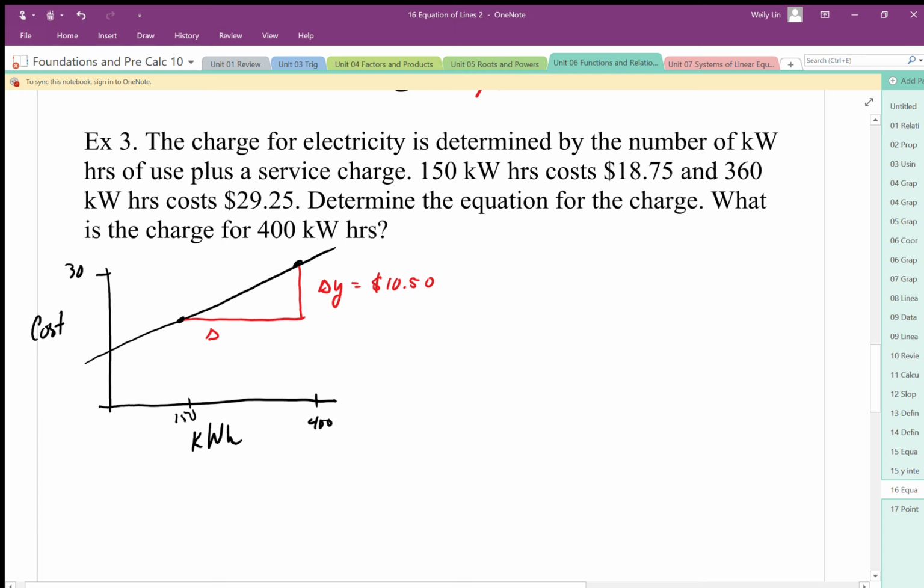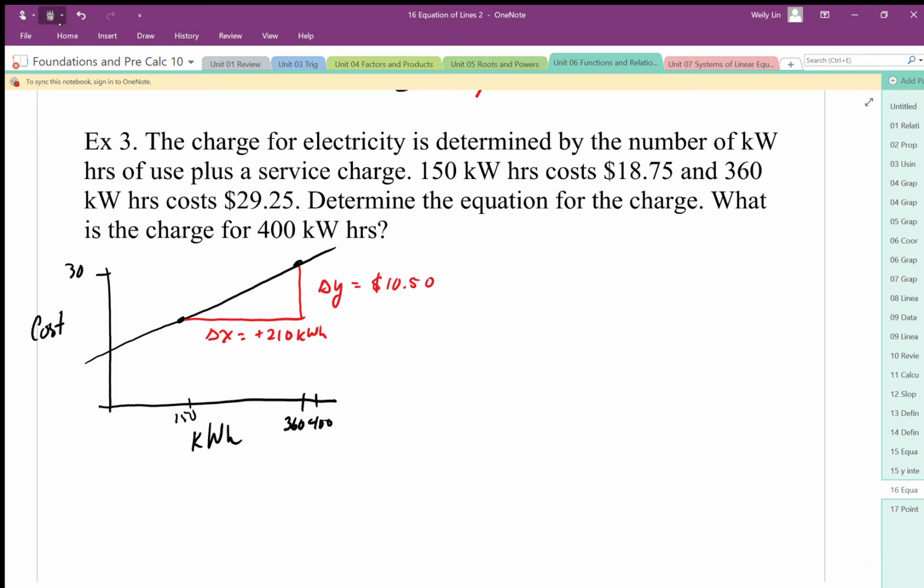That happened over the change in kilowatt hours, which works out to be positive 210 kilowatt hours. So we went from 150 to 360. Maybe I'll just write that in a little bit neater. So that line is 360 kilowatt hours.